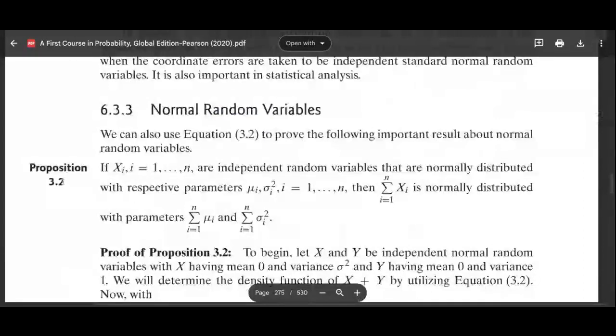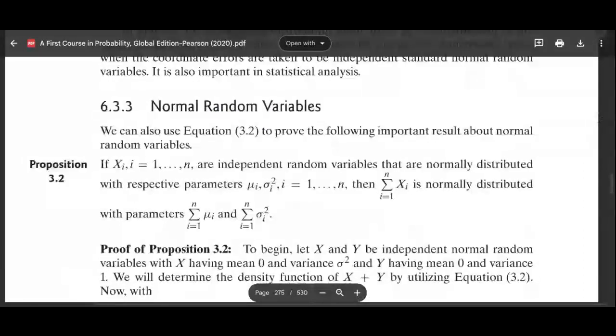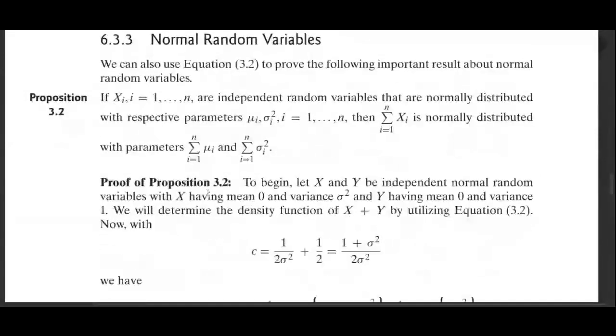Okay, next come normal random variables. Normal random variables are the king in the end. We can also use equation 3.2 to prove the following important result.